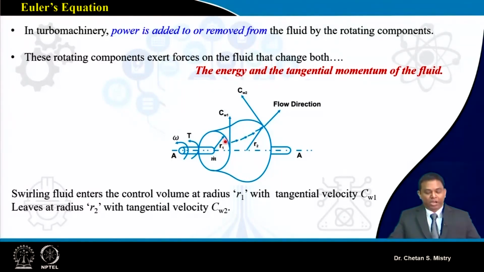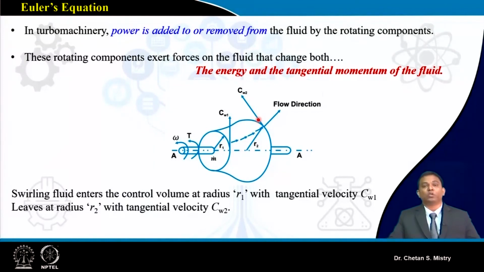Suppose my fluid is entering with some mass flow rate, say m dot, at some radius r1. I will have my tangential component of velocity, which I write as Cw1. At the exit I will have a changed radius, say r2, and my tangential component Cw2.